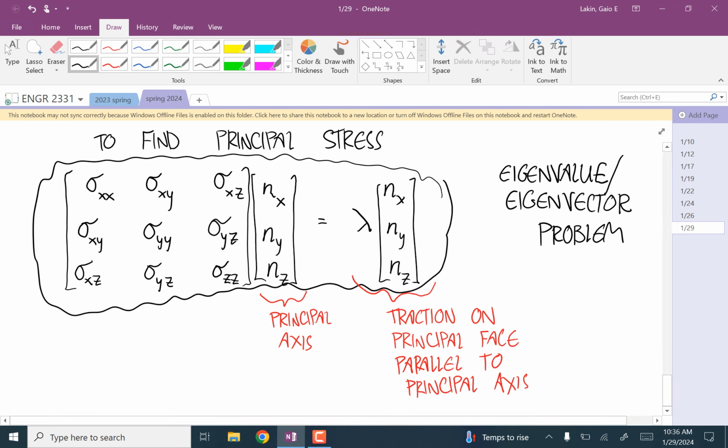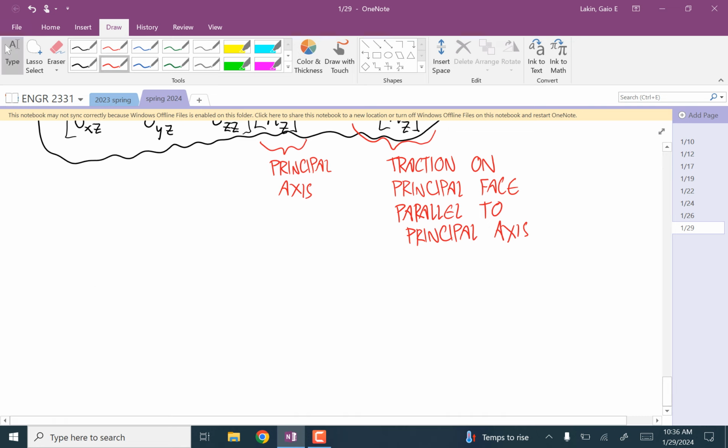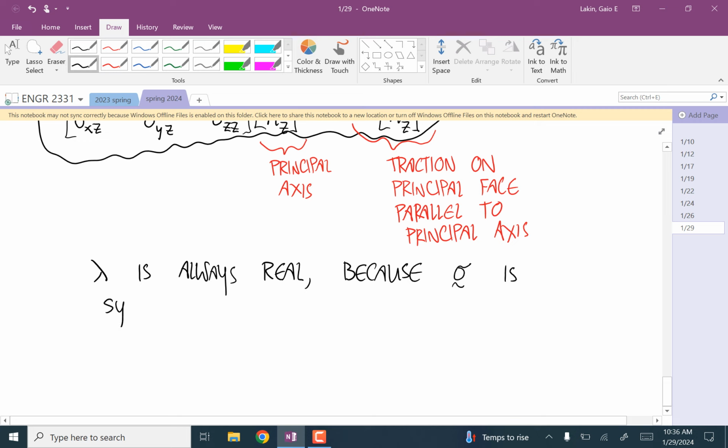But the good news is, this is a symmetric matrix, and symmetric matrices have real eigenvalues. So remember, lambda is always real here because the stress tensor is symmetric.